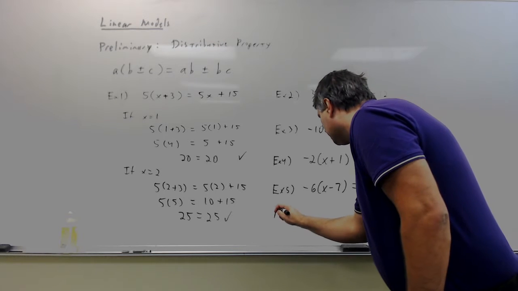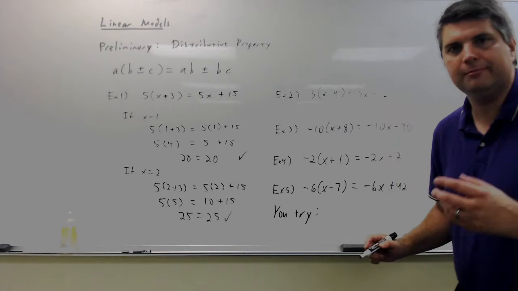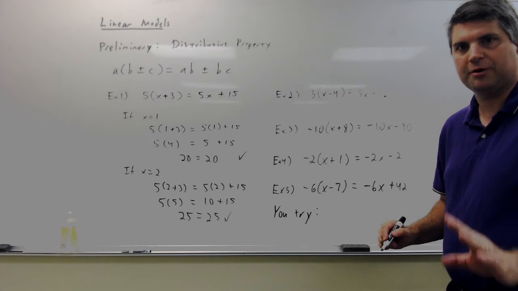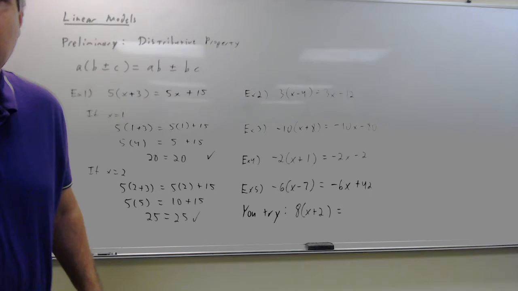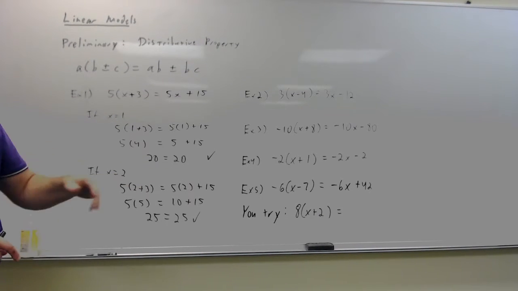You try. I'll give you about 30 seconds to try this yourself, and then I'll put the answer on the board afterward. Okay, I didn't like the first one I was about to use, so here's that one. Try that one.